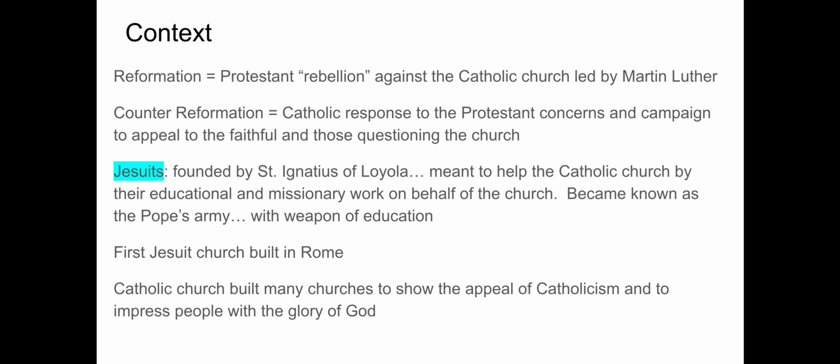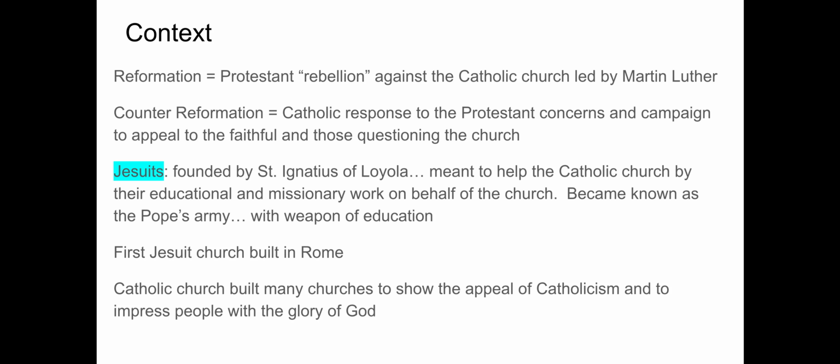And then as a reaction to that Reformation, you have the Catholic Church and its response called the Counter-Reformation. And really think of it like a big advertising campaign. The Pope, the Catholic Church needs to convince people not to leave the church and join the Protestants. They want the people to remain faithful, to get people to stay with the church.